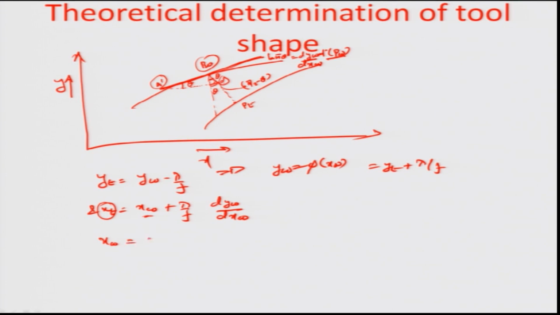So, xw can be further written as xt minus lambda by f times d phi xw by dxw. We are just simply representing the yw value here in this expression.